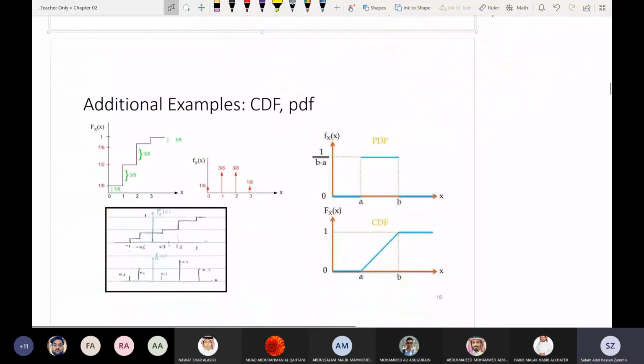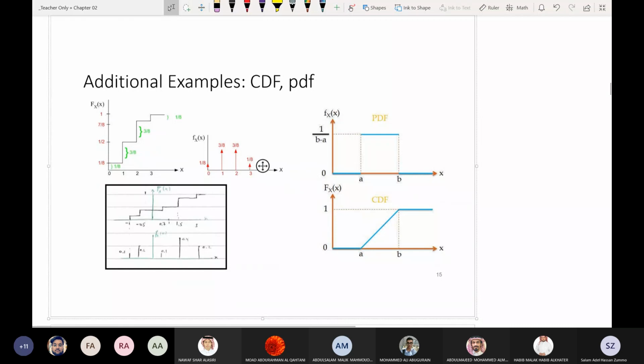So let's take some examples. This is the example of tossing a coin 3 times and counting the number of heads. We know the CDF. هذا الCDF اللي هي F capital Fx of x. This is the PDF. When you differentiate the CDF, you get the series of deltas.